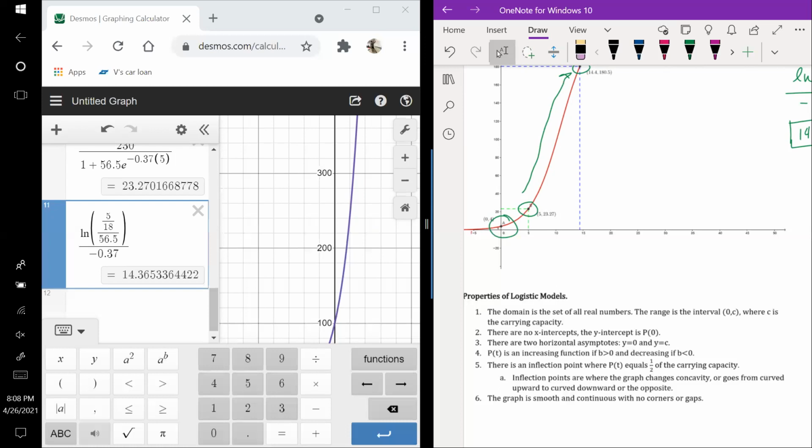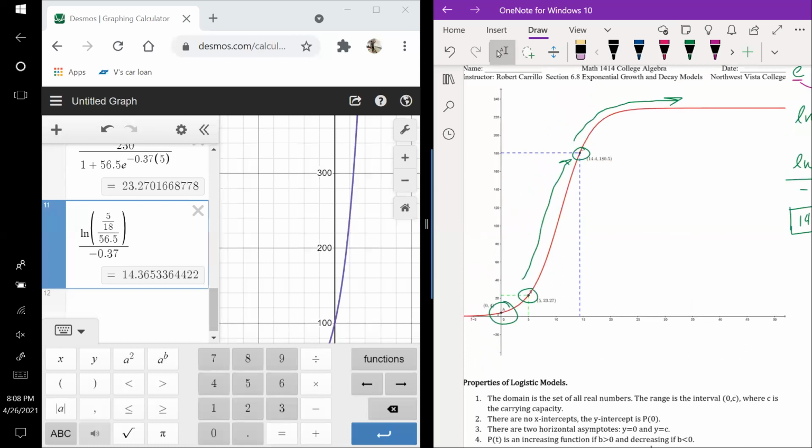There is an inflection point where P of t equals half of the carrying capacity. An inflection point is where the graph changes direction. For this graph, you are concave up, and then you hit the inflection point, which is half of the population, probably at 115, since our carrying capacity is 230.